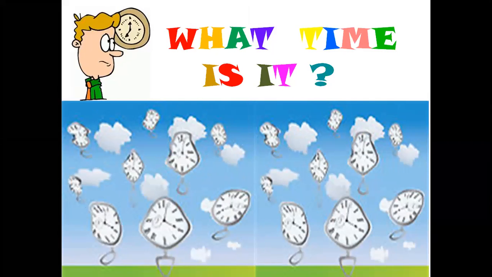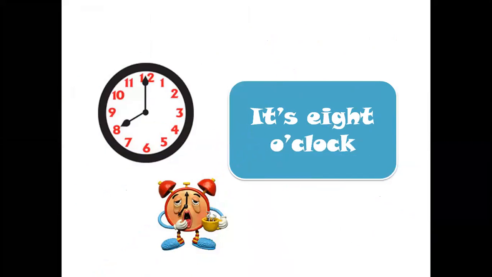What time is it? First of all, see the clock. How many hands can you see? One big hand and one small. The smaller hand identifies hours.